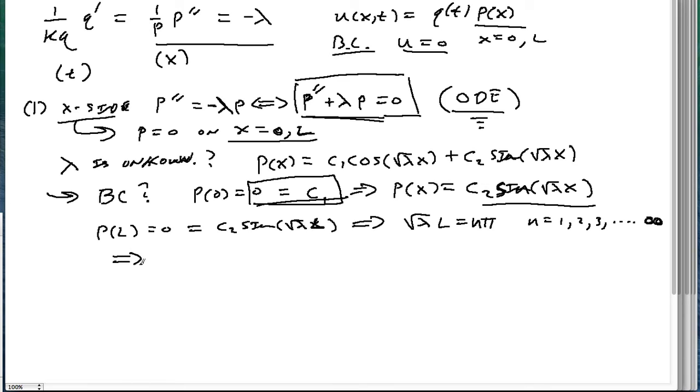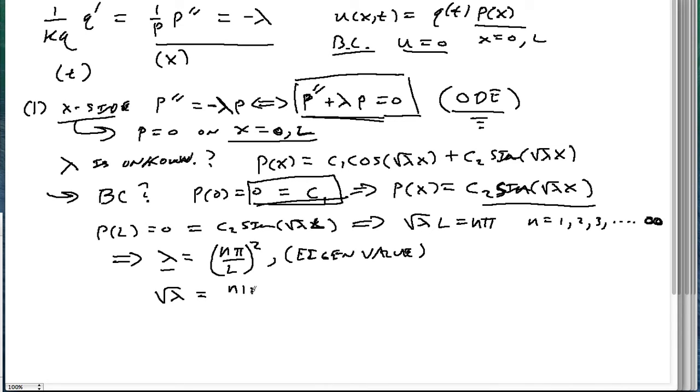And that implies, of course, that lambda is equal to n pi over L, quantity squared. That's what we call the eigenvalue. The square root of lambda is equal to n pi over L, which we can think of as the spatial frequency.